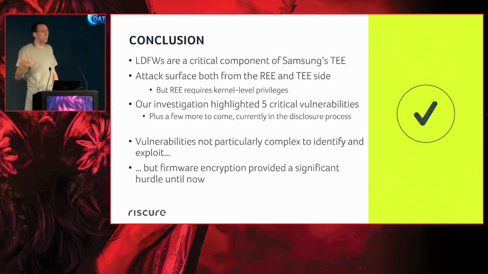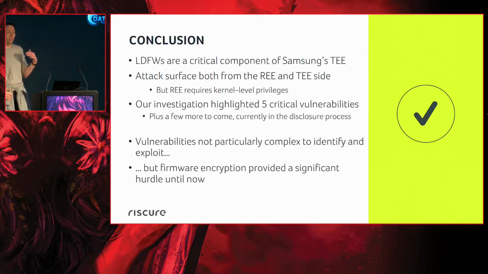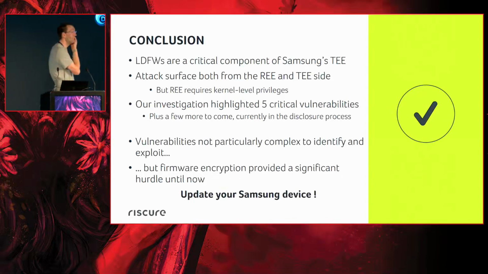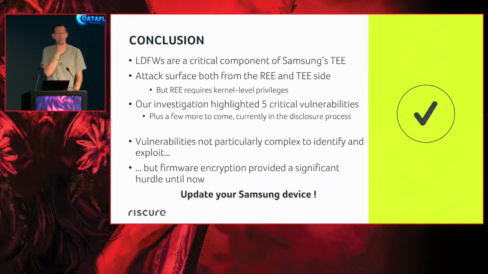They are relatively simple attacks. However, the barrier for actually getting to this is high, and you notice that when you are looking at this type of code. And for the people that have Samsung devices, I would say update, and also keep your updates in the coming months.